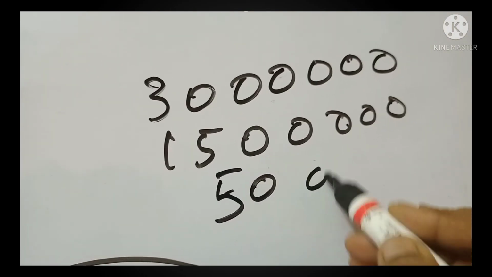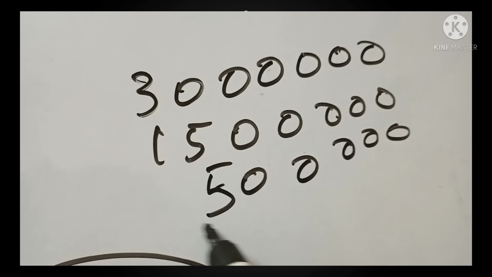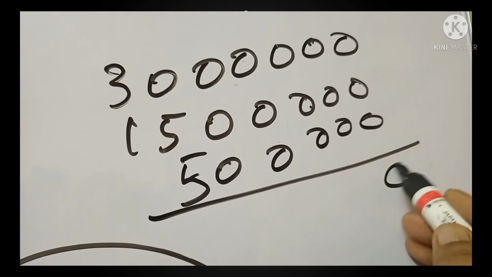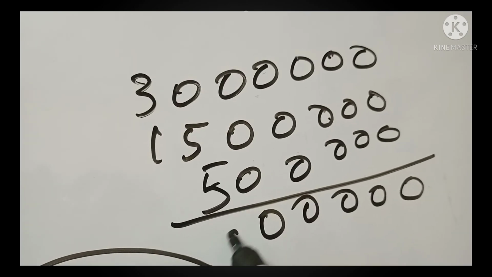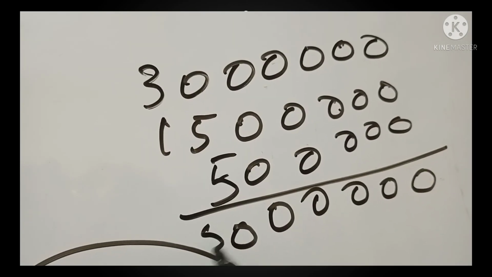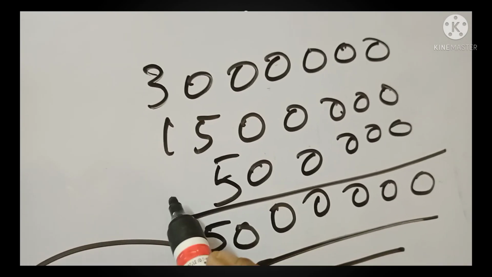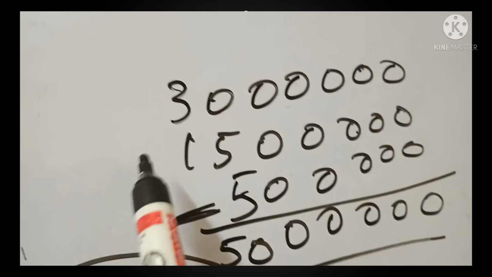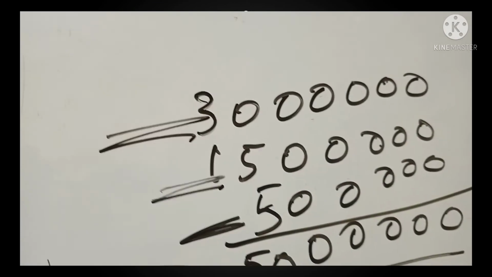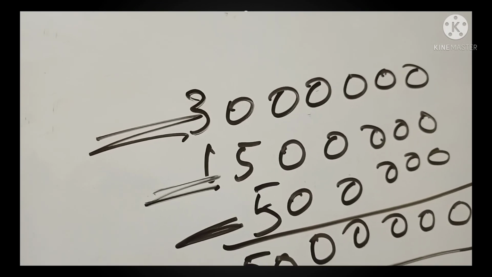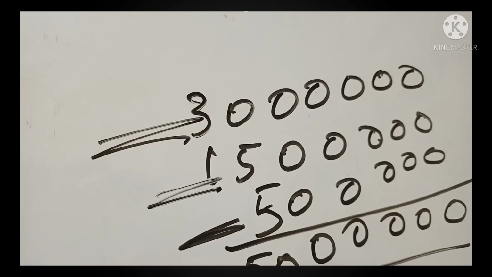Let us check whether the total is 50 lakh. 30 plus 15 plus 5 is 50 lakh. So 5 lakh like other games, 15 lakh like football, and 30 lakh like cricket. So we have completed exercise 8.1.